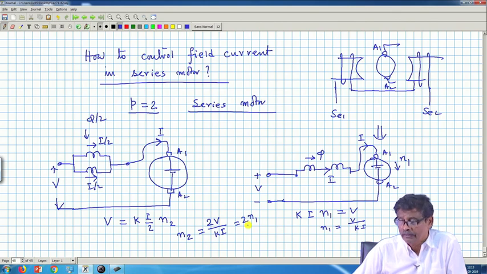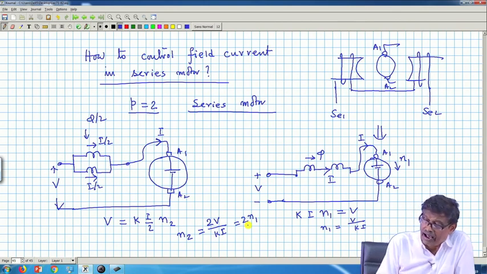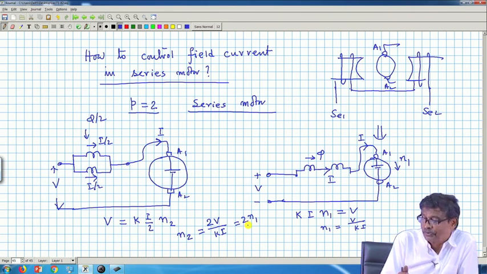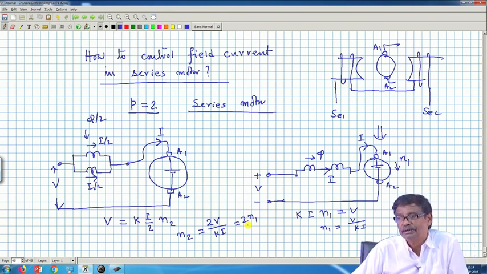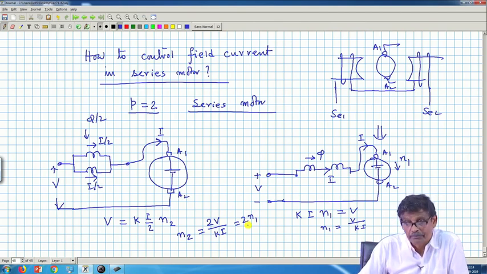Got the point? Therefore, you see I have weakened the flux in an indirect way. Speed is more now. So, I can connect the field coils in the way I have described, and of course, with a two-pole machine you can weaken the flux for the same armature current in both the cases.